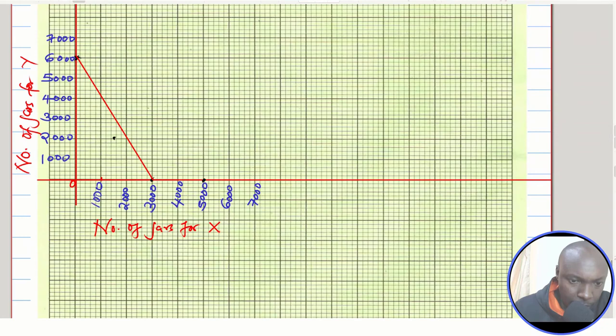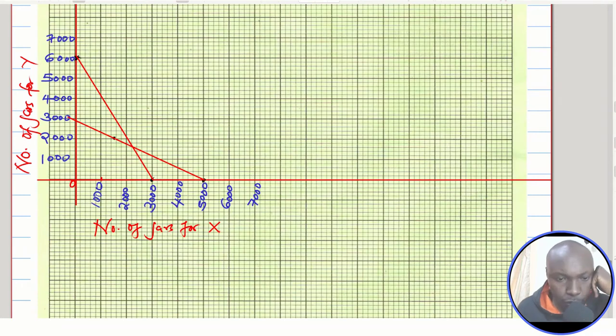So these are the points. We have a point here, another one here. Drawing that line should pass through those points like that.